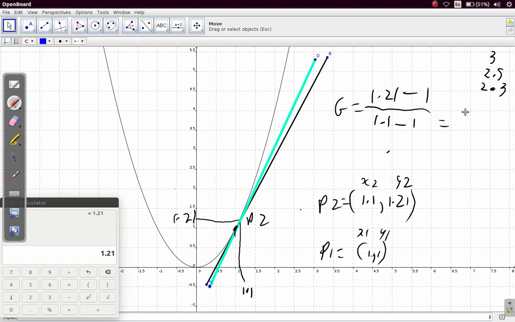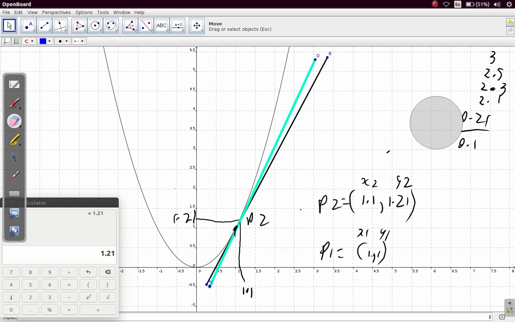So 1.21 minus 1 is 0.21, divided by 1.1 minus 1, which is 0.1. 0.21 over 0.1 is going to be 2.1. So the gradient is now 2.1.